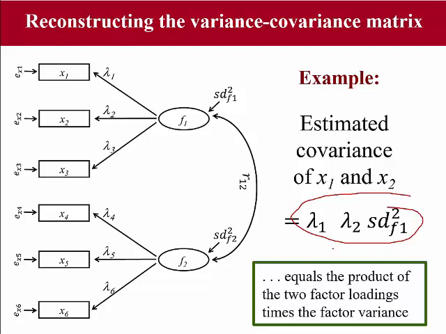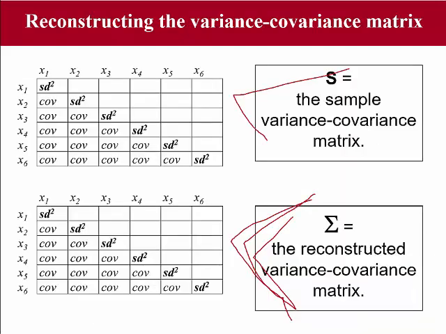So I use equations like that to reconstruct the variance-covariance matrix, and then we want to identify what parameter estimates will produce a sigma, a reconstructed variance-covariance matrix, that comes as close as it possibly can to the actual sample variance-covariance matrix.